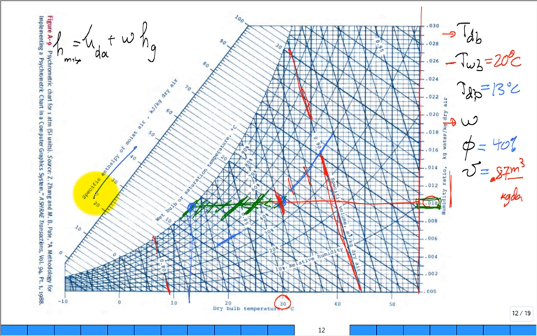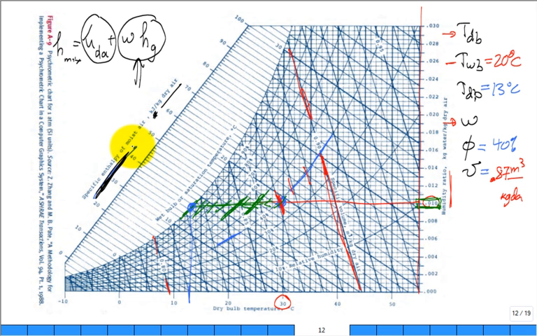This moist air enthalpy includes the enthalpy contribution from the vapor and the dry air. Most people will make the mistake of saying it only includes the dry air enthalpy, but it doesn't. It's the enthalpy of the moist air in kilojoules per kilogram of the dry air. It includes the vapor contribution to the enthalpy.